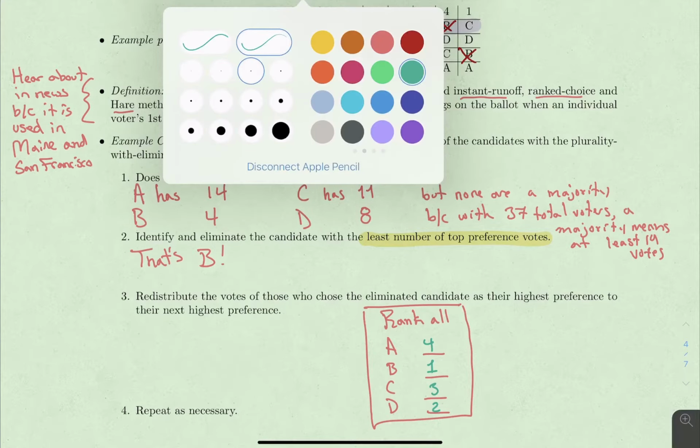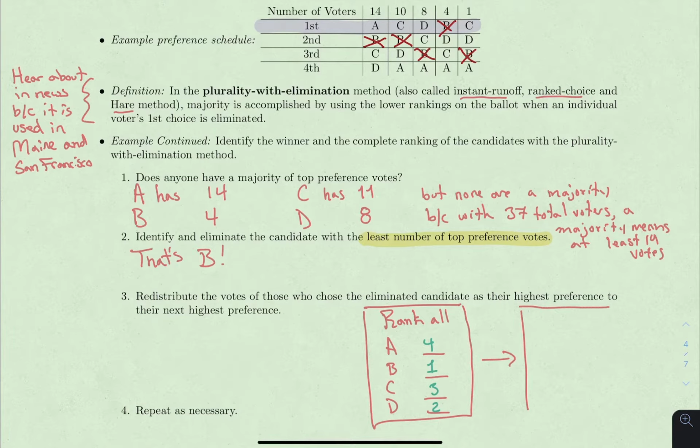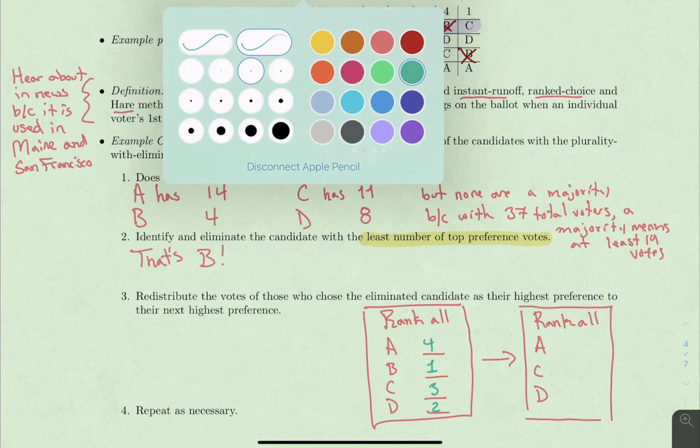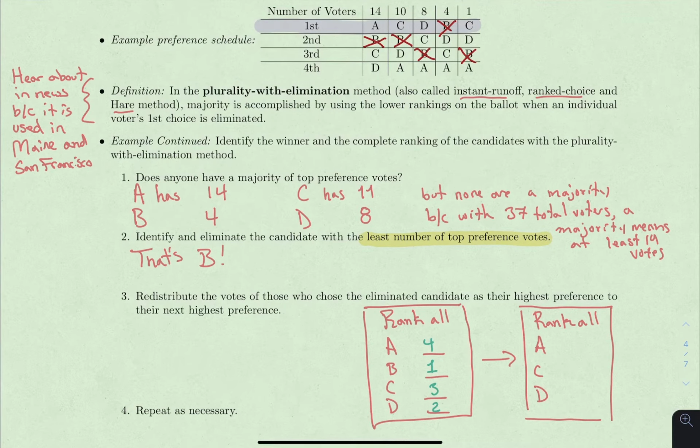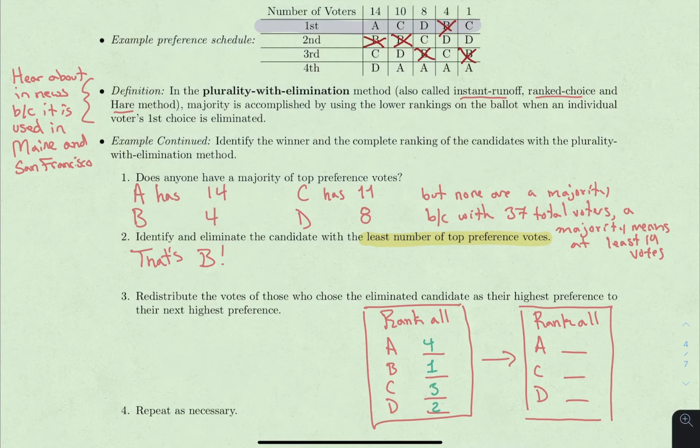And by eliminating B, the assumption that we're making is that if B hadn't been on the ballot, these people would have ordered the remaining candidates in the same fashion. So there's no B, but since they chose D as their second choice, they would have chosen D as their first choice. A still would have been last, and C second.